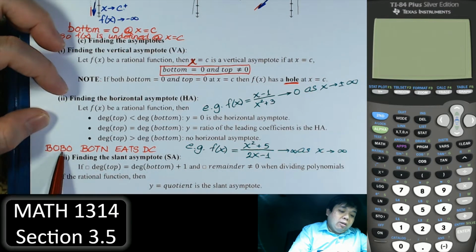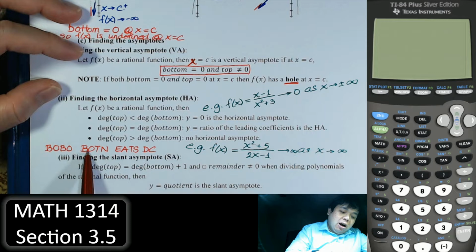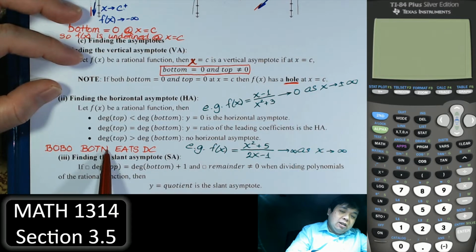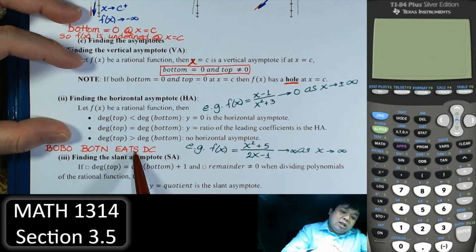Bigger on the bottom, equal to 0. I mean y equal to 0. Bigger on the top, there is none. If the exponents, the powers of x, are the same, divide the leading coefficients.